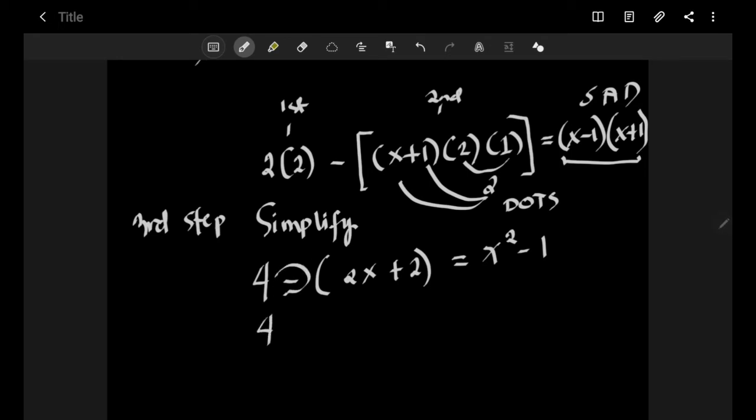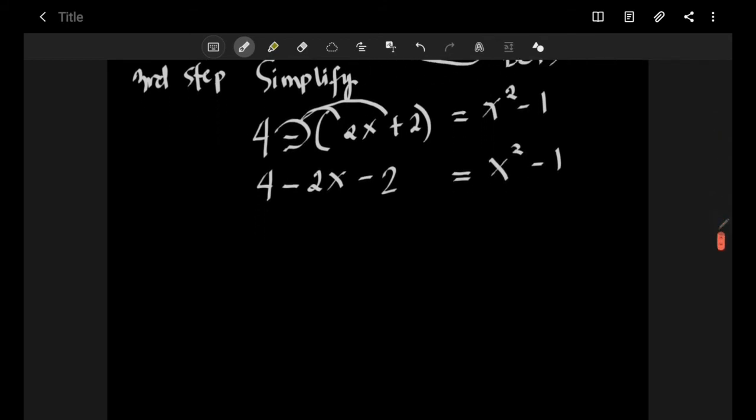So, we will have 4 minus 2x minus 2 because negative yung magiging sign natin dahil ito ay positive 2. So, negative multiplied by positive 2 is negative 2 is equal to x squared minus 1. Okay. So, 4 minus 2, that is positive 2. We have 2 minus 2x is equal to x squared minus 1.